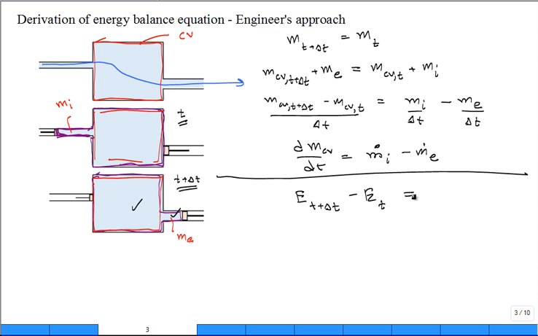Well, how could that energy have changed in our chunk of mass? By a Q and by a W. And our W is net out, positive out. Our Q is positive in. That's why there's a negative on that W. That's a first law for a closed system. This closed system is deforming from time t to t plus delta t.